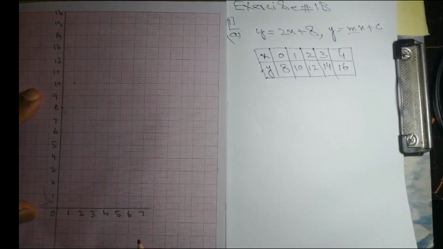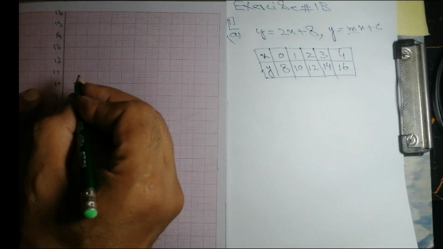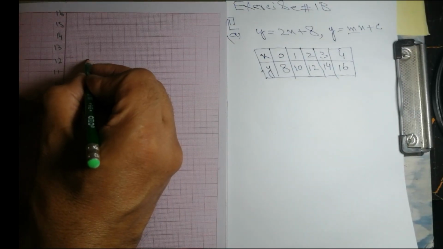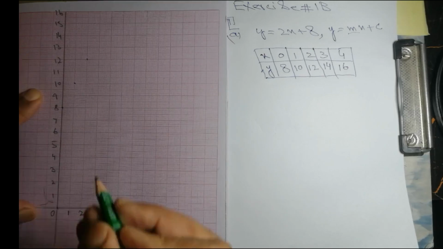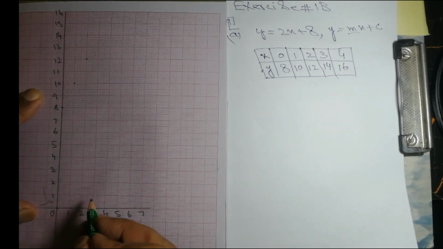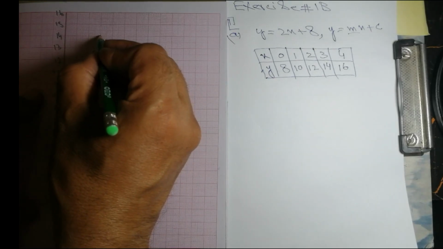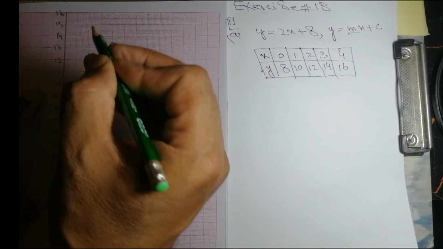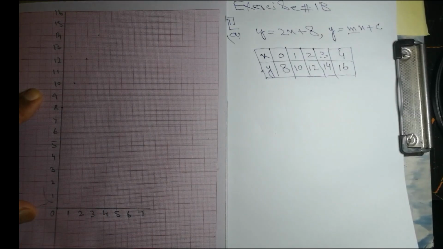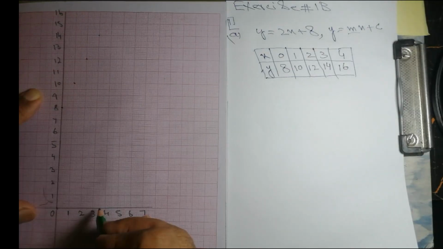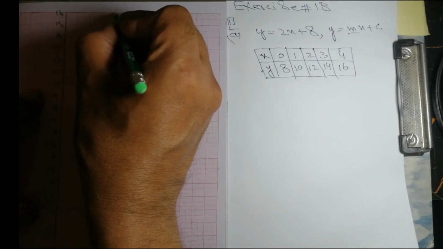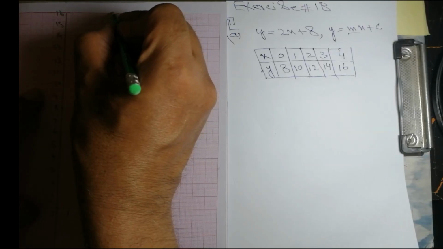And x equal to 2 and y equal to 12 is this point. Then x equal to 3 and y equal to 14, this point. And then x equal to 4 and y equal to 16 is this point.